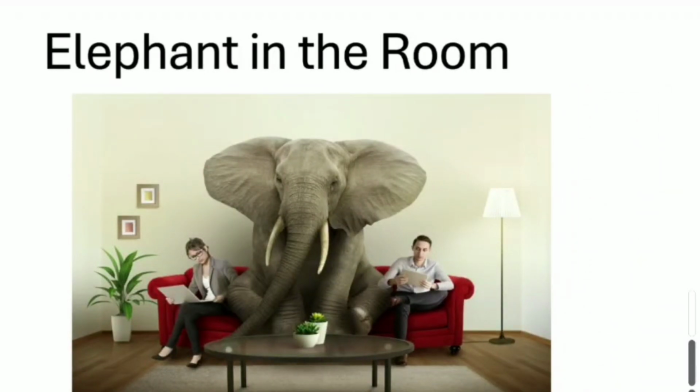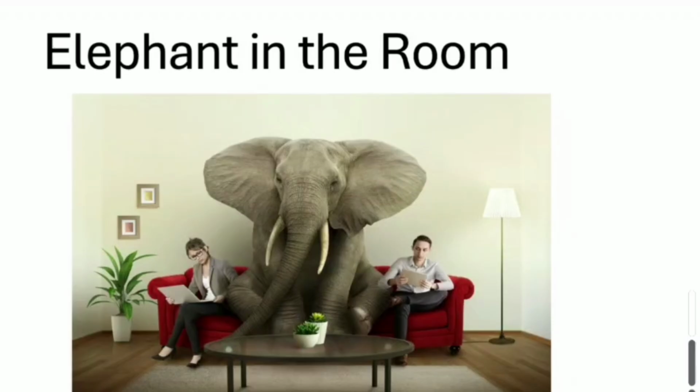Now, you must have heard the term elephant in the room. So, what is this elephant in the room? Generative AI is the elephant in the room. You cannot ignore it. It is a new reality, whether you like it or not. It is the reality.